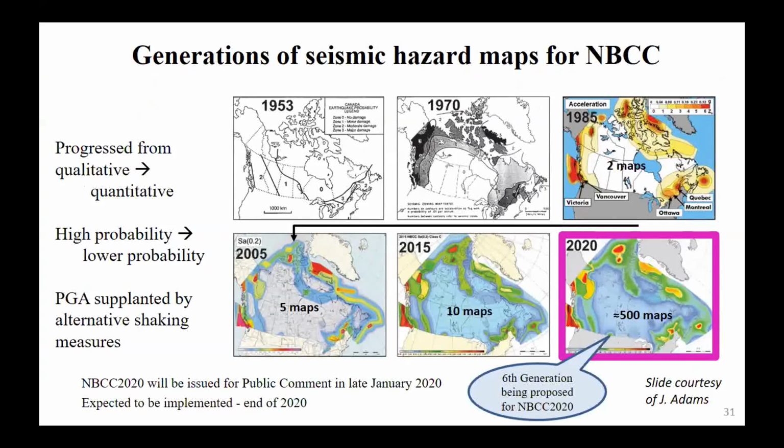Yeah, so in 2015, all we calculated was hazard at site class C. That was the reference condition. And then we effectively had 10 different periods that we provided for. In 2020, we will likely be providing results still for those 10 periods, but also at about 20 different VS30s and also for a handful of different probabilities.